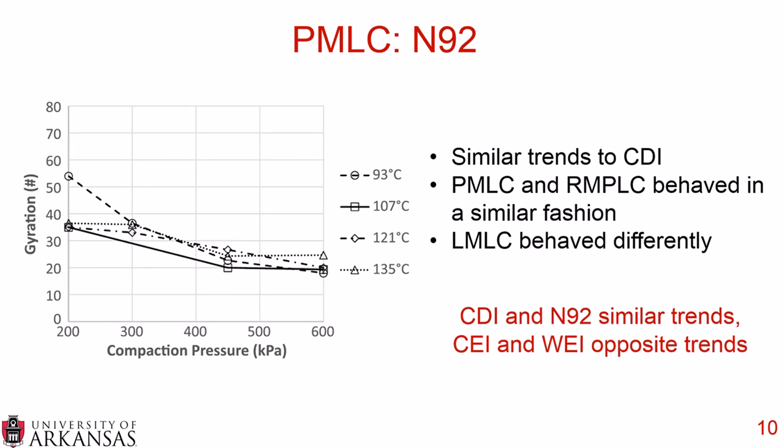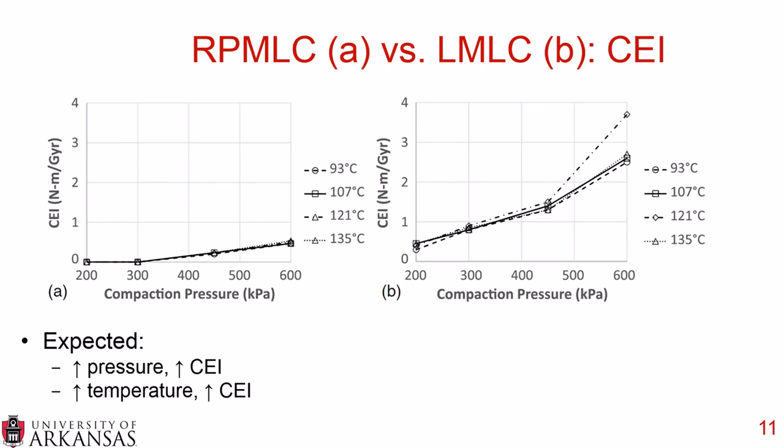Now, while CDI and N92 in general, we expected to see similar trends, higher pressure and higher temperatures equaled lower CDIs and N92s, but we expected the CEI and the WEI to show opposite trends. And they did. So with the CEI, we looked at the RPMLC and the LMLC.